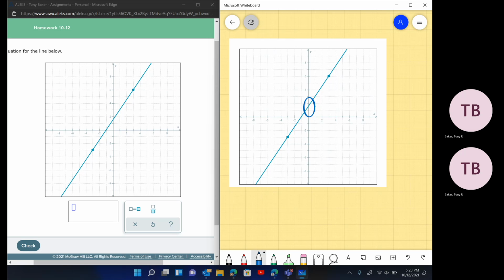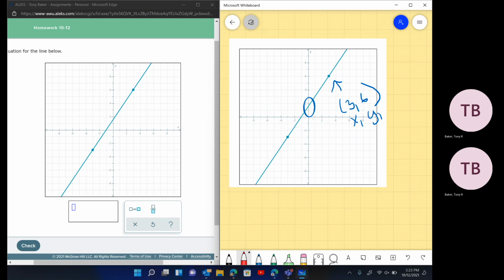What is it? There's no point there, right? I do not have my y-intercept for this one. Okay? I do have a point. So I'm going to use that point right there, which is at 3, 6. When you're doing your points, remember, x is first, y is second. So I'm at 3 on my x and 6 on my y. So that would be x1 and y1. That's my point.